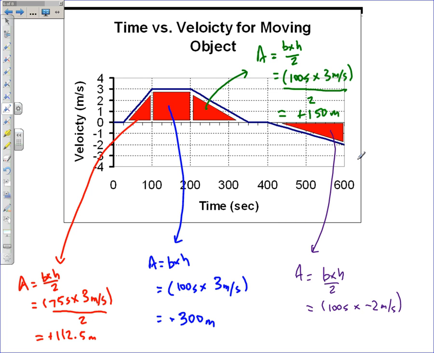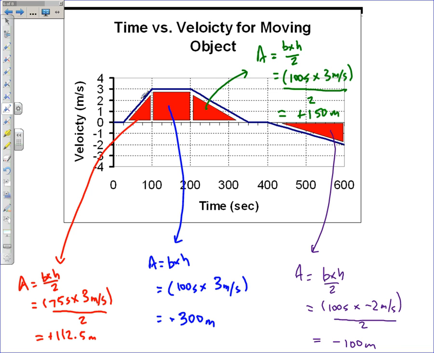Remember, this isn't just a distance, or it isn't just a length like in math class. This is an actual measurement. And the height of that side right there is going to be -2. That's important because it's giving us displacement. So that means we end up here with a negative displacement of 100 meters. That just means it went back, turned around, and started going back towards the reference point.